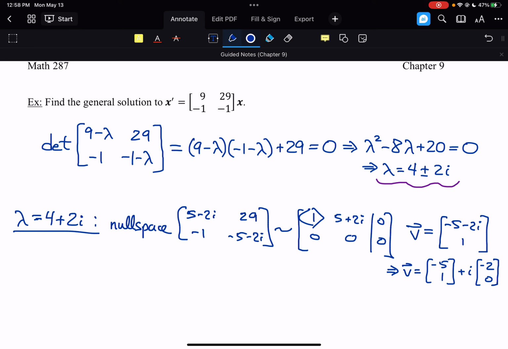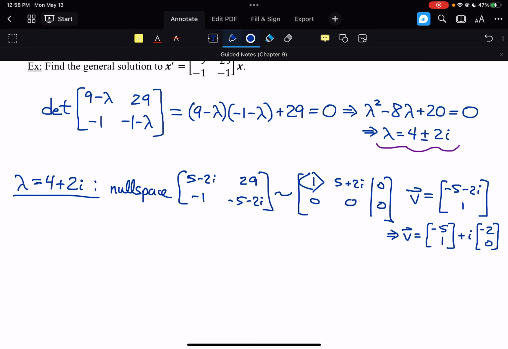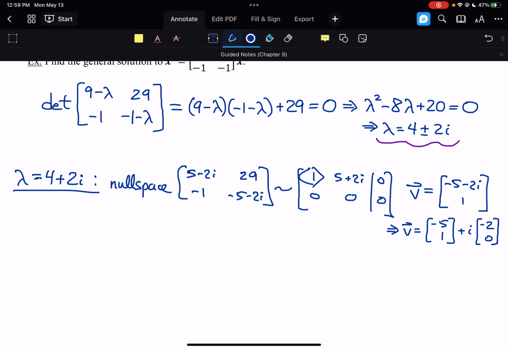So we know that with this eigenvalue eigenvector pair, we could find the complex conjugate, the 4 minus 2i, but it would end up just giving us the complex conjugate of all of these same things, and it wouldn't contribute any new solutions to the problem.